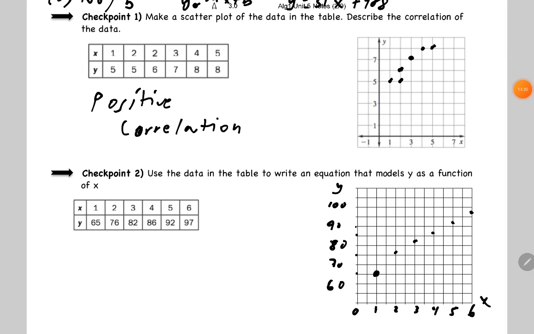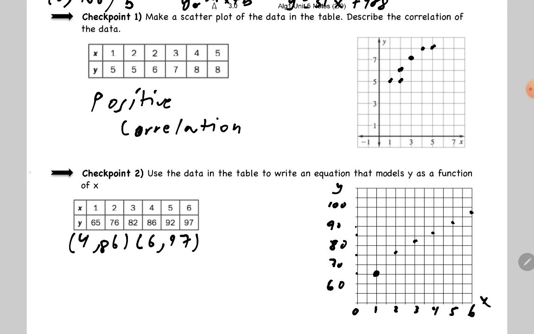And then you want to choose 2 points that would best encompass the entire graph, go in between all the points. You can use any 2 points you want, but I'm just going to use 486 and 697.